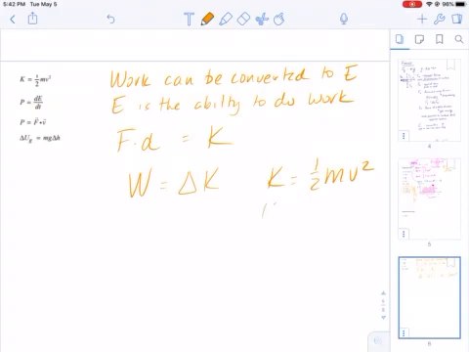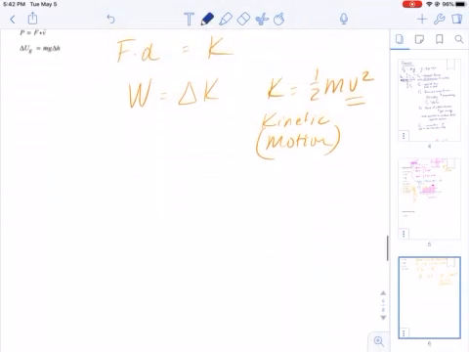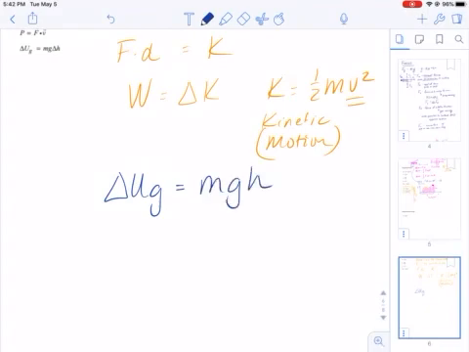potential energy. Now, we did a bunch of problems where you take an object and you drop it. That was kind of fun. And in that case, the gravitational potential energy at the top equals the kinetic energy of the ball at the bottom.